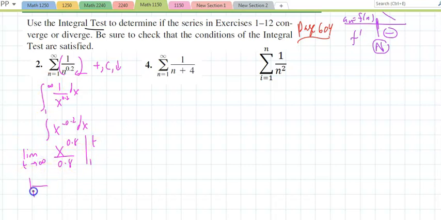Then this is going to be the limit as t approaches infinity of 1 over 0.8 times t to the 0.8 minus 1. By the way, 0.8 is 8 over 10, which is 4 over 5. So this is really the fifth root of t to the fourth, minus 1. As t approaches infinity, doesn't this approach infinity?